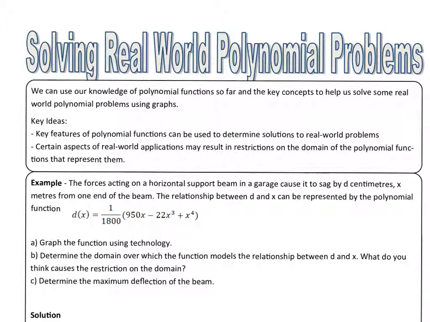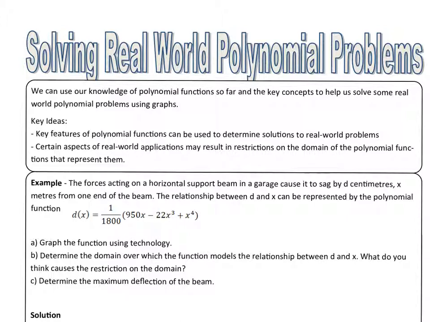And then we're going to look at what happens in real world problems based on what the domain needs to be, because when you start to get into polynomials in the real world there are restrictions, and a lot of the times parts of the graph don't actually come into play because it's not realistic, which we're going to see.